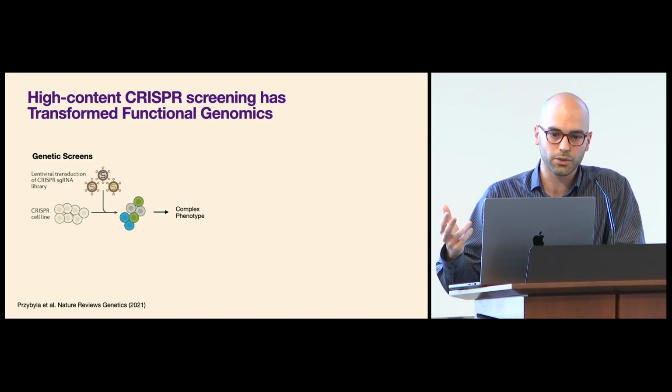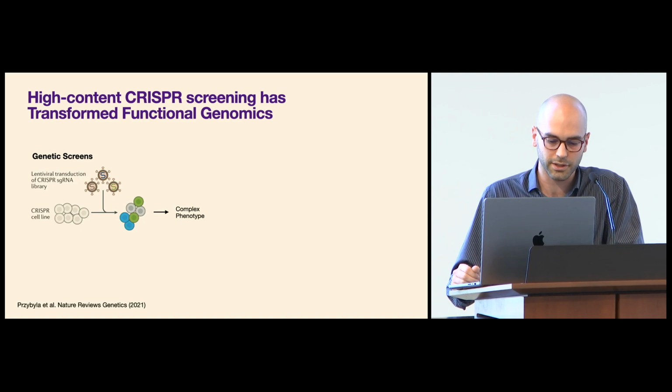We obtain what's called a pooled screen, so we obtain a bunch of cells with different perturbations inside of them. And then I write here complex phenotype, meaning there are different ways of then measuring some biological insight in those cells, and I will go through different of those measurements, and we'll think about them as modalities.